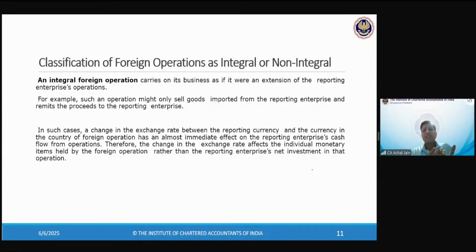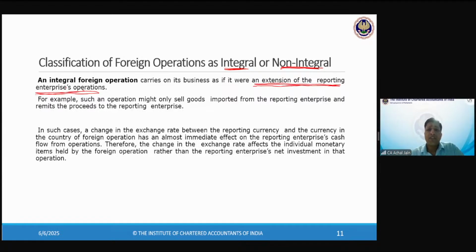Why is this segregation of foreign operations as integral or non-integral important to us? What's the relevance of this? Because an integral foreign operation is nothing but a part of the entity, like an extension of the reporting entity's operations.